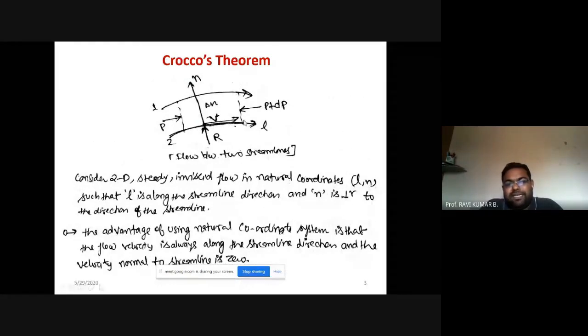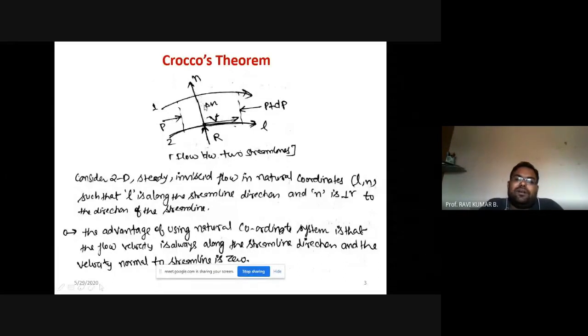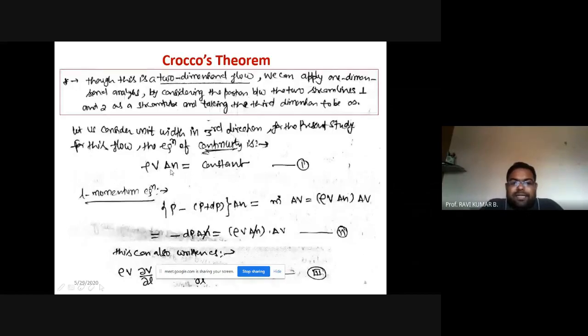When we draw a tangent over this point, it gives us the direction of the resultant velocity. This is v, and this delta n is the width between these two streamlines, and thickness we are assuming as 1. So area will be delta n into 1 basically. So density times velocity times delta n into 1 is constant. This is equation number 1.